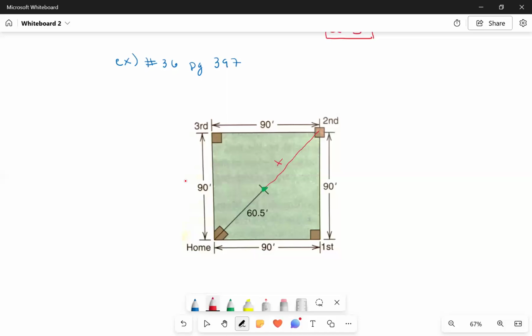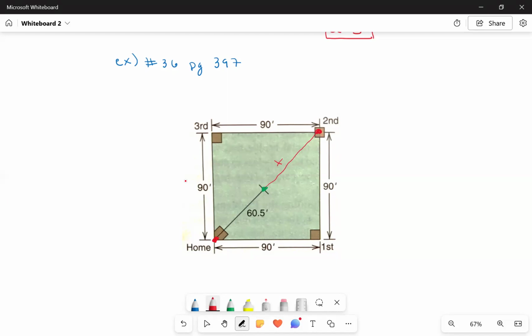Now, because we just talked about the Pythagorean theorem, I hope you see we actually have two right triangles in this baseball diamond here. And we'll just use one of them to find the full diagonal going from home base all the way to second base.